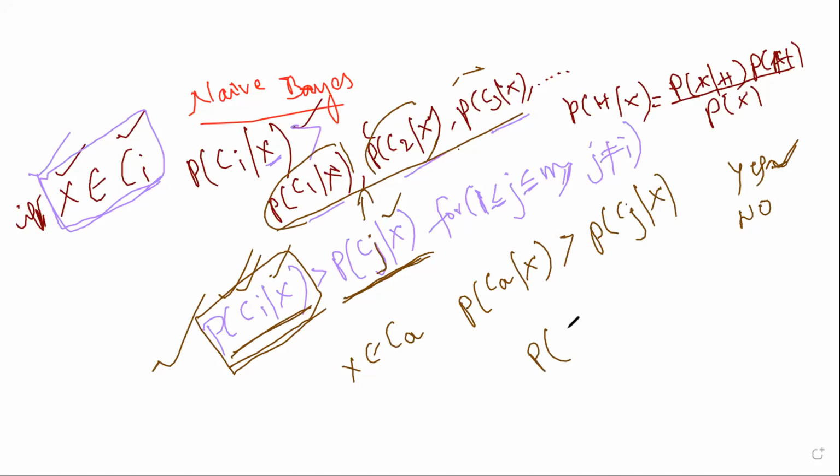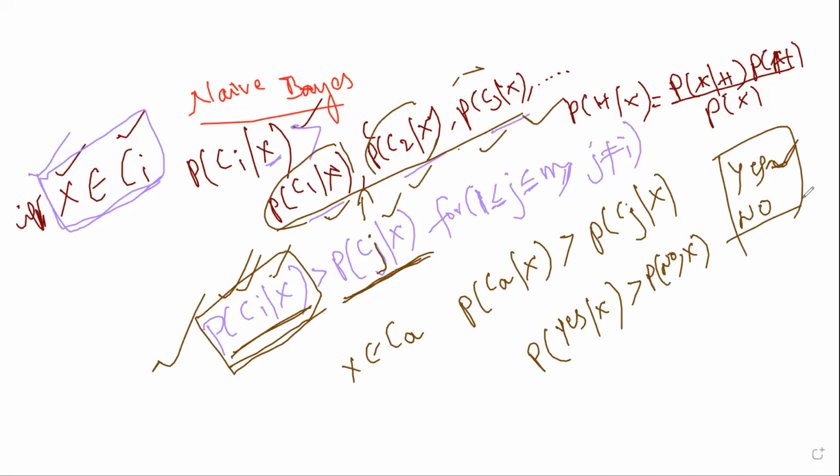The posterior probability of the S class given the tuple X should be greater than the posterior probability of the no class given the tuple X. Because we only have two classes, there is no need to go for all these expansions. This is for M number of classes, but in this example we only have two classes.